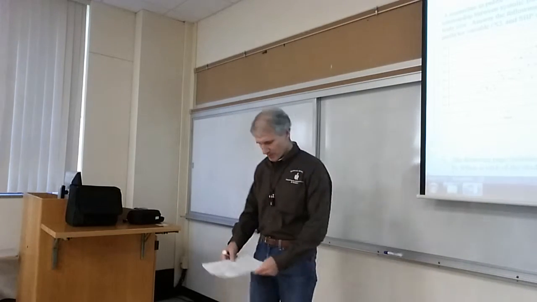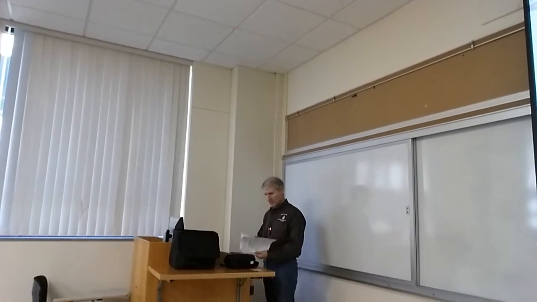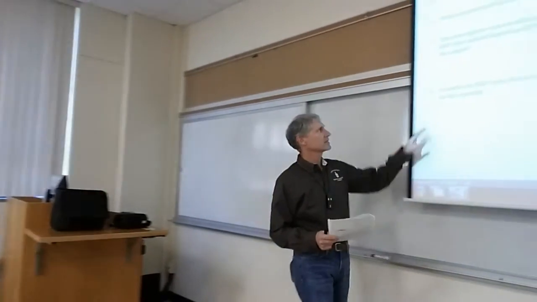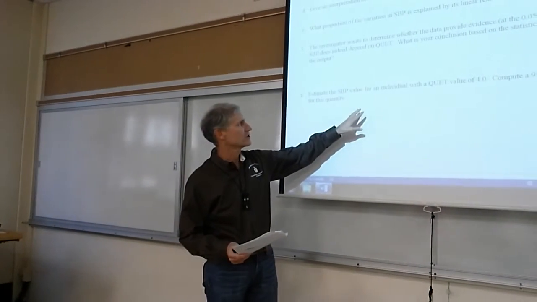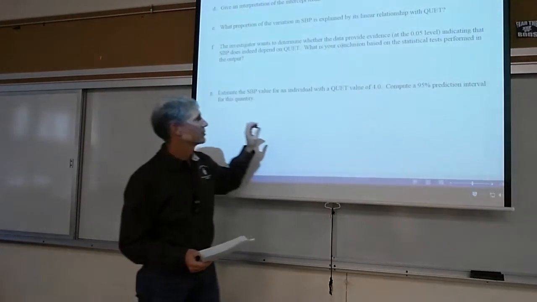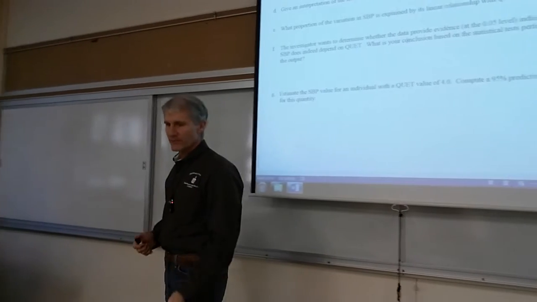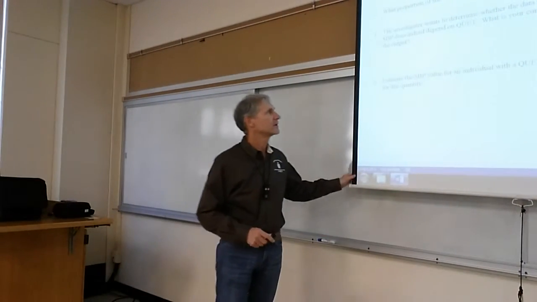If you look at problem G on the 3rd page, it says estimate the systolic blood pressure for an individual with a QET value of 4. Compute the 95% prediction interval. What's the formula for prediction interval?